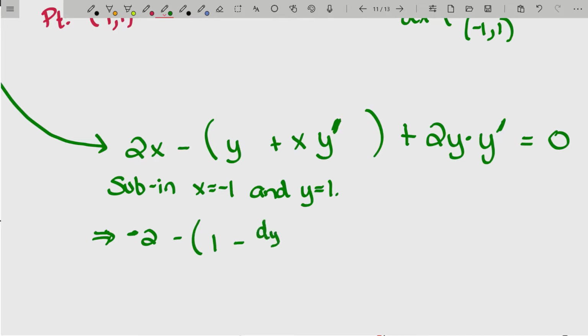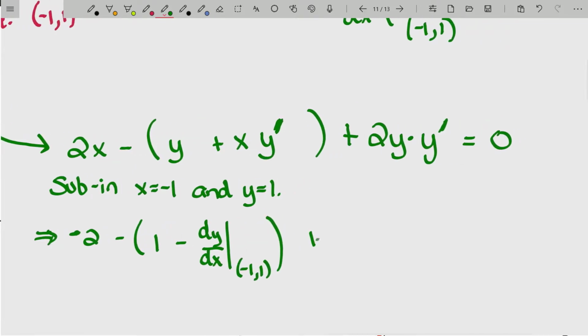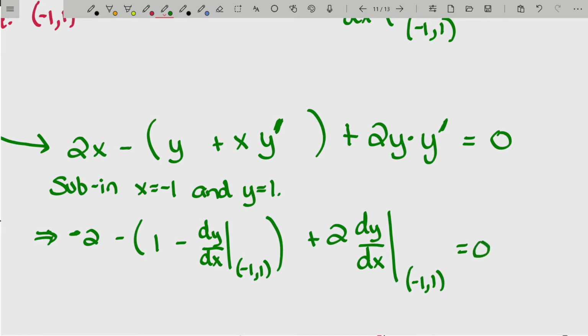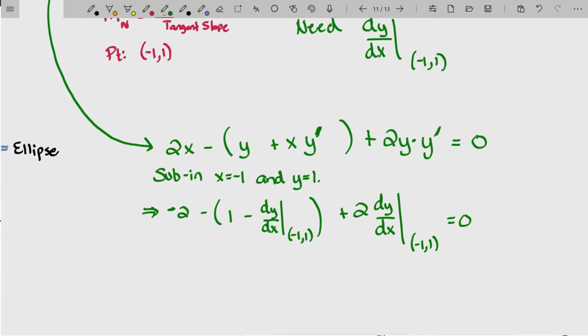I'm going to write dy/dx at (-1, 1), because that's really what we're evaluating at this point. Plus 2 times 1 times dy/dx at (-1, 1), and that's all equal to 0. Well, that's super nice. -2 minus 1 is -3.